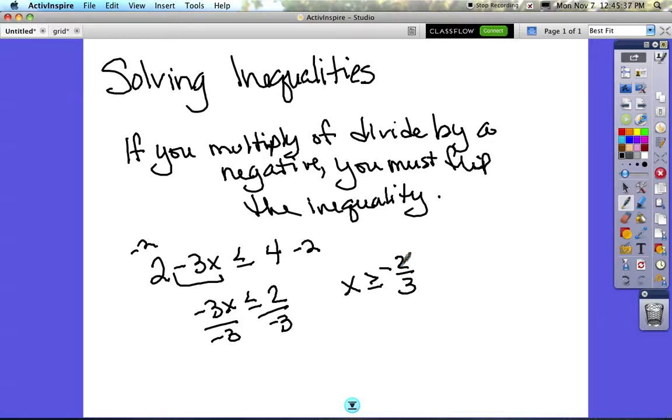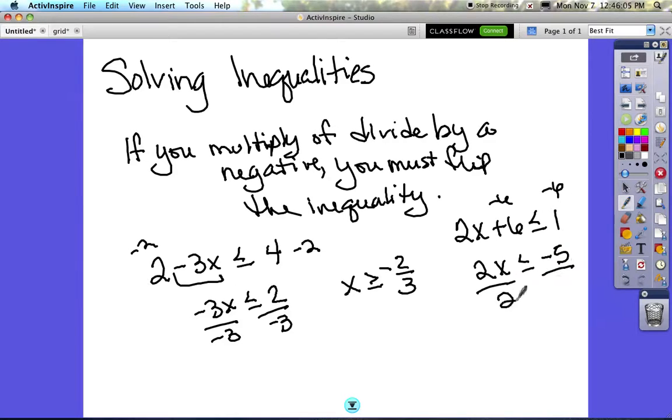Okay, but let me show you what it is not. Everybody look up here. Okay, what would I do to solve this one? Minus 6. So 2x is less than or equal to negative 5. Now, I want you to think about what I told you. If you multiply or divide by a negative, you flip the inequality.